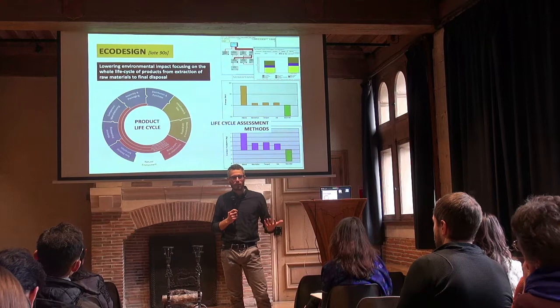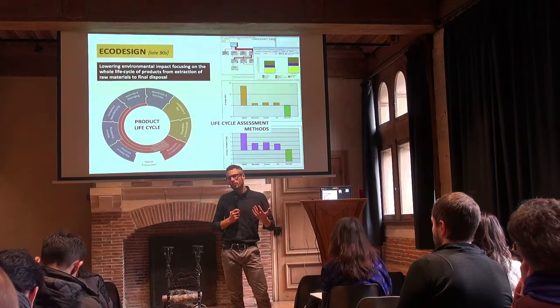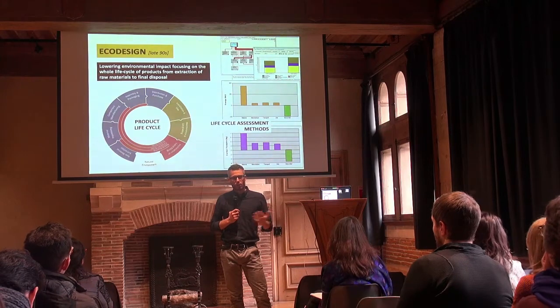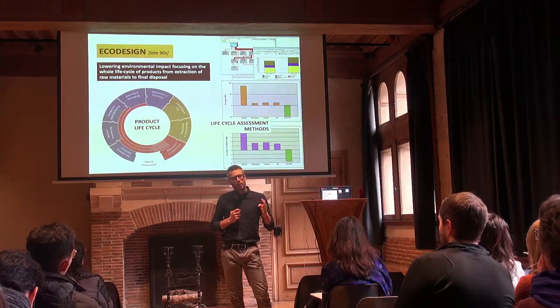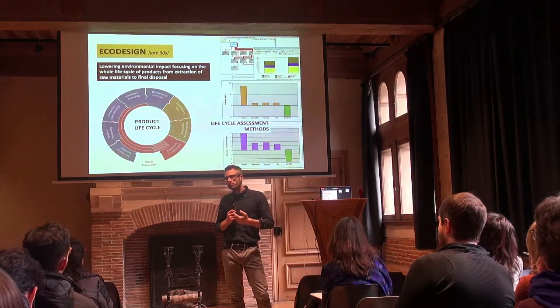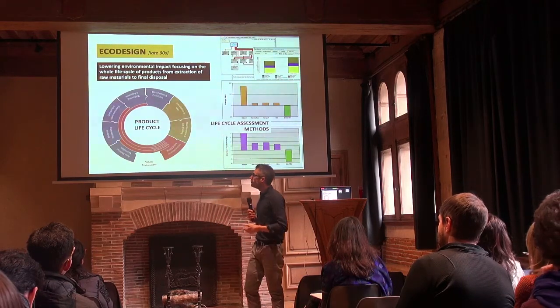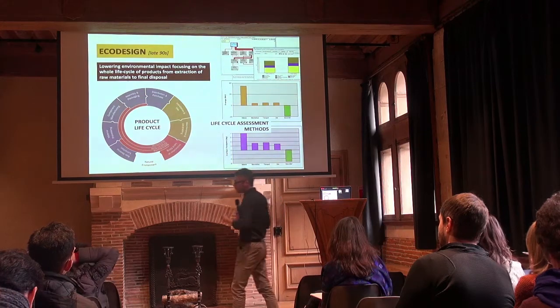Essentially here we are talking about improving the environmental qualities of products by intervening systematically on the different life cycle stages, from the extraction of material to manufacturing, distribution, use, and disposal as well.